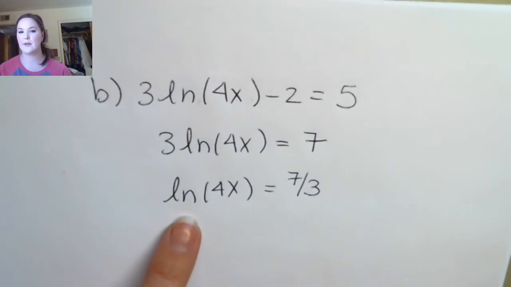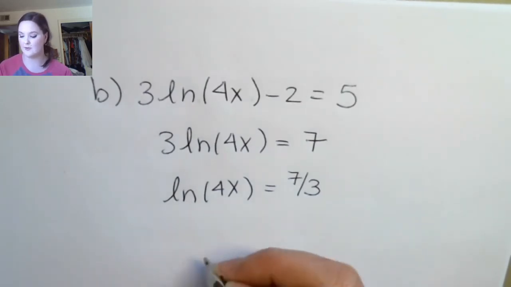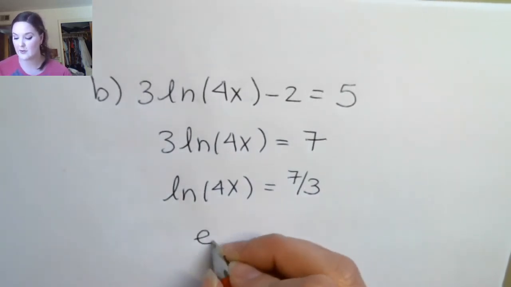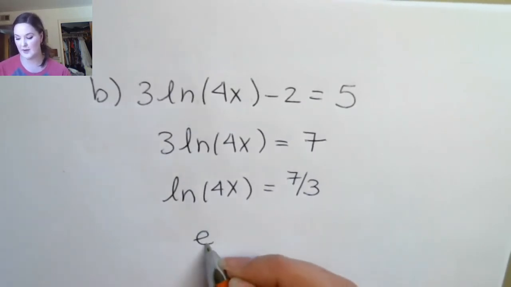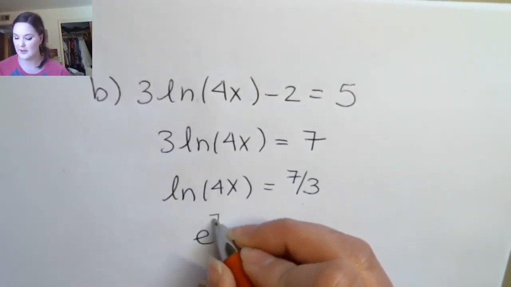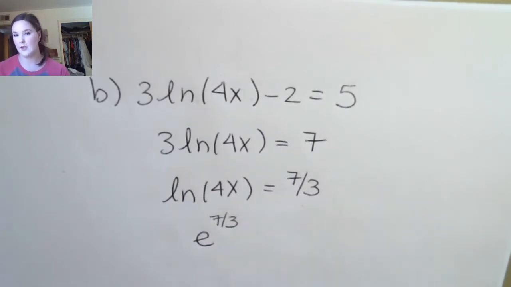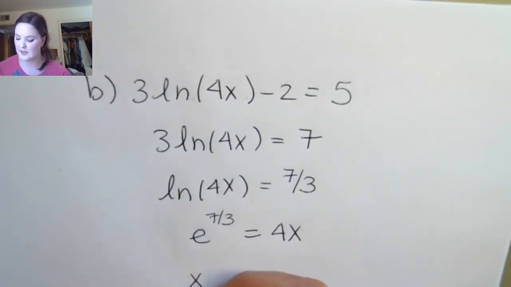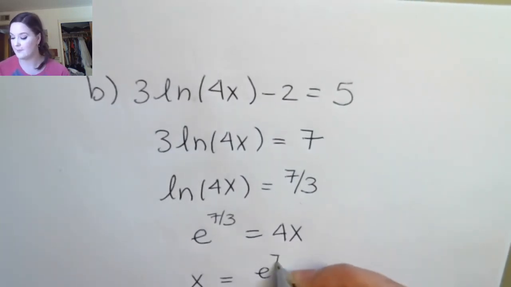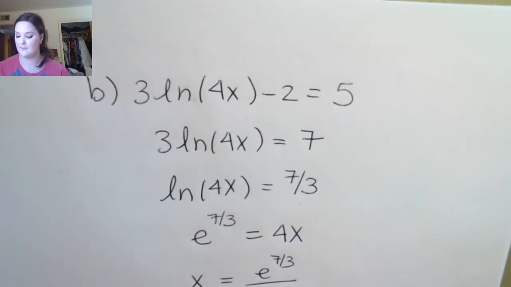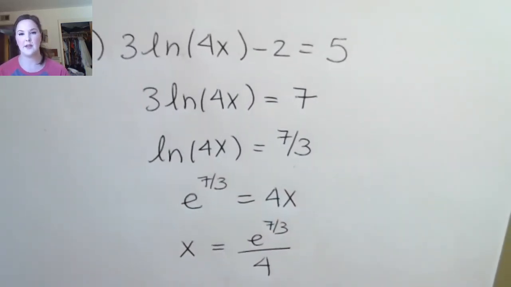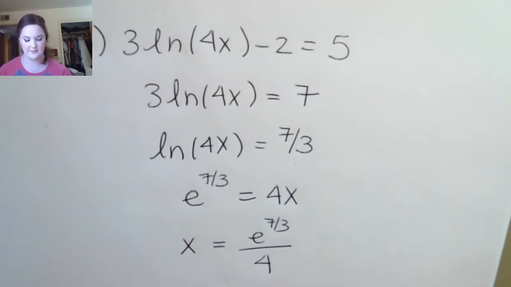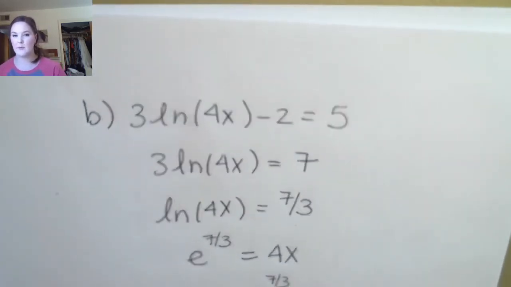Okay, once I have my log isolated, I'm going to change to exponential form. So the base of the log, which is e, becomes the base of my exponent. This is my exponent here. Okay, and then my answer is 4x. So now remember, x is our variable. We want to isolate it, so I'm going to divide both sides by 4. Okay, and there we go. That's my answer.